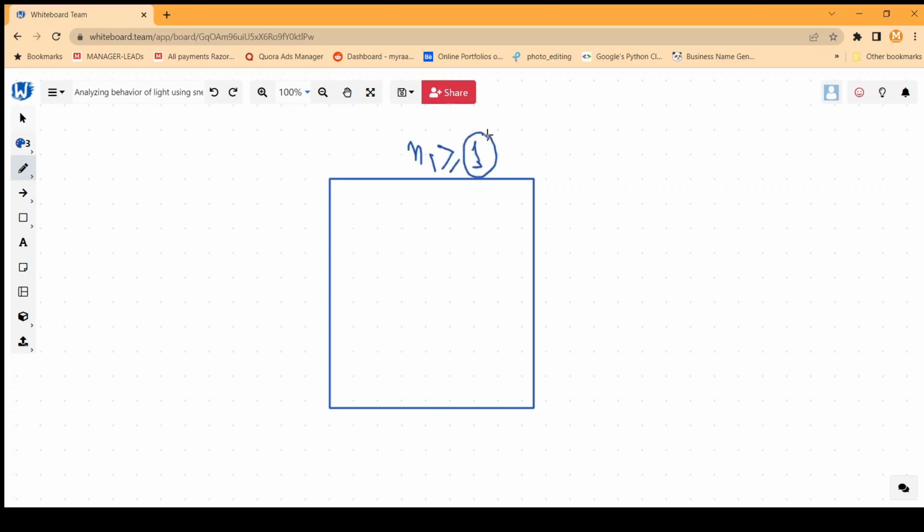So 1 for the vacuum, so it is not vacuum, so it is going to be greater than 1. Now, which means that if this is air or vacuum, this is a lighter medium. The glass is a denser medium.